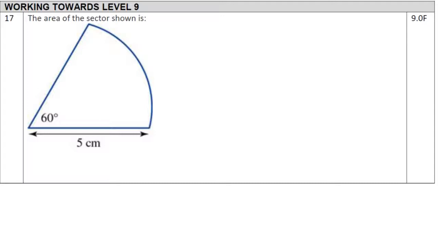Okay, so the first thing we're looking at is finding the area of a sector. Now, this is something that you hopefully have in your bound reference. So the formula that we're working with is A is the angle over 360 multiplied by pi r squared.